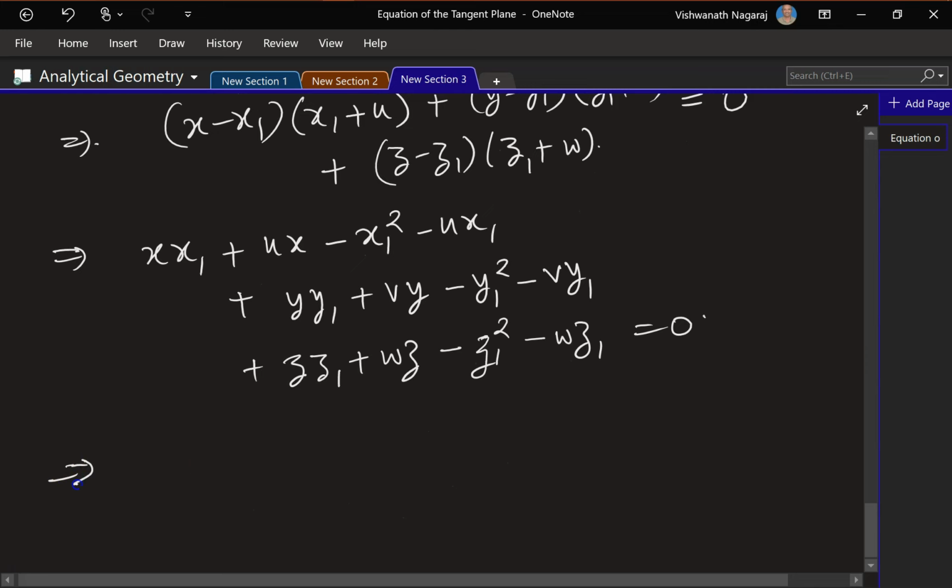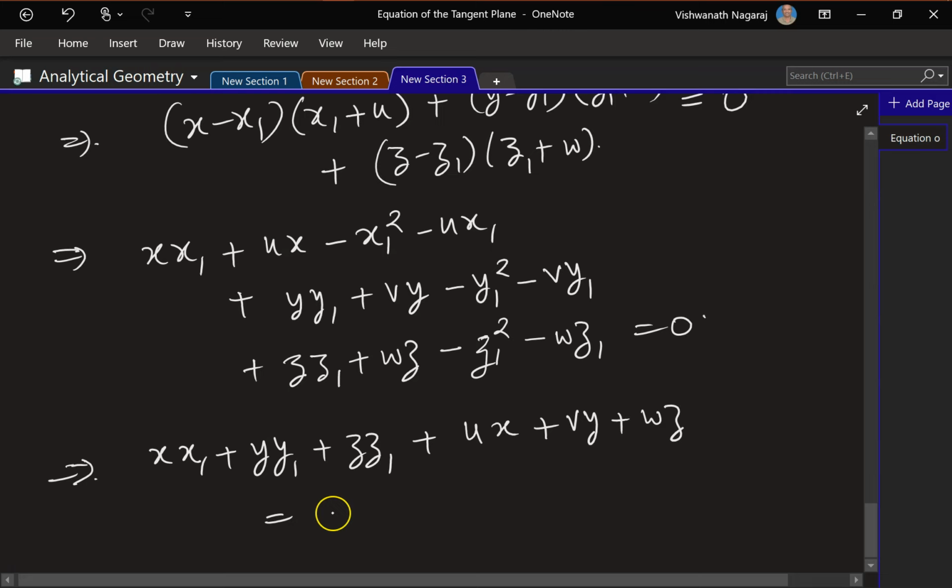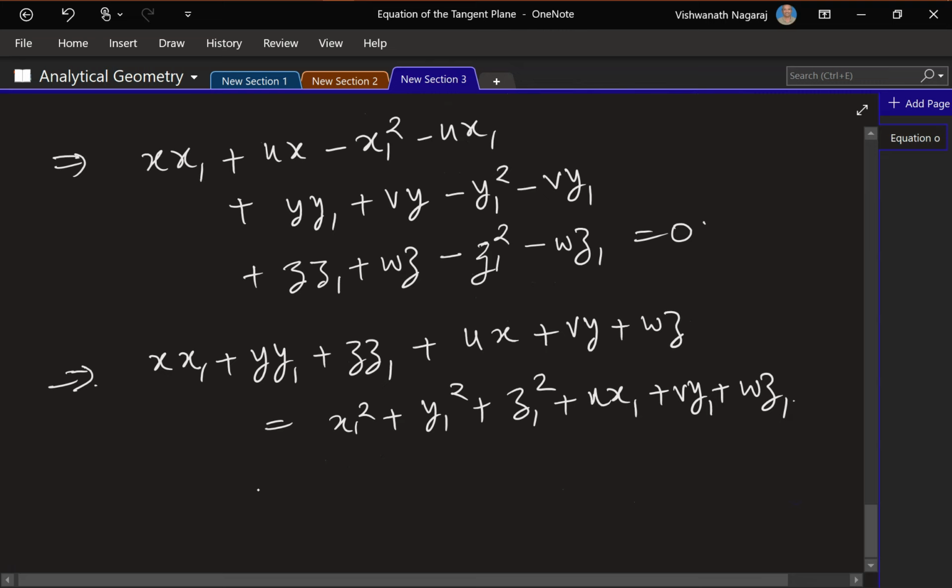Now this implies x x1 plus y y1 plus z z1. Let's group it: ux plus vy plus wz. Now the negatives we can take to the other side. So this becomes x1 square plus y1 square plus z1 square plus ux1 plus vy1 plus wz1. There is something missing in this.